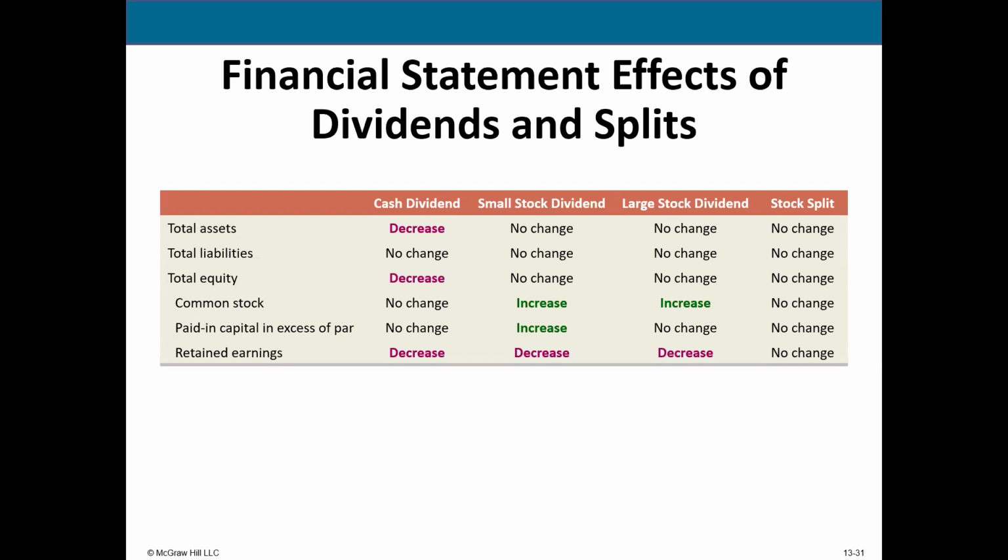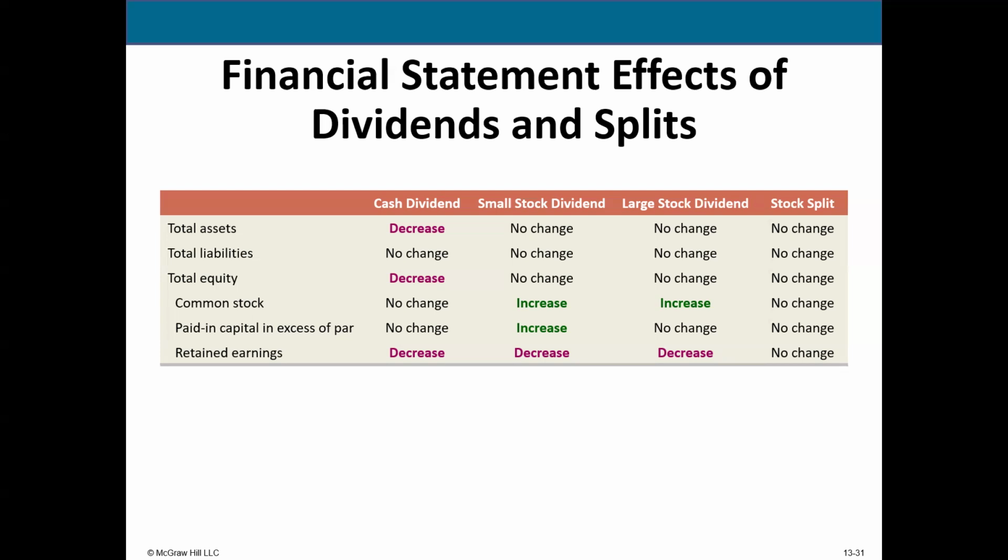Obviously, we're paying out cash, so we decrease total assets. There's a decrease to the total equity because once again, we're paying out from the equity account or the retained earnings account. And there's your retained earnings account. Obviously, that's going down because we're paying the cash out of there.